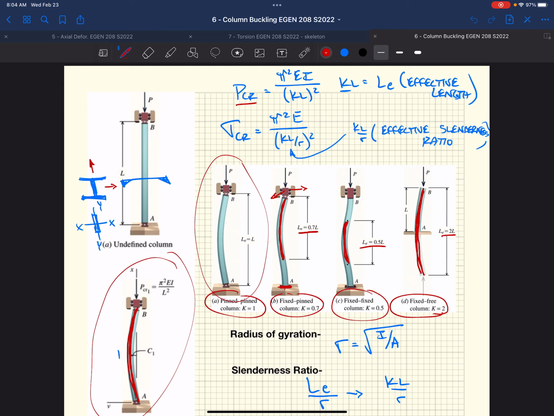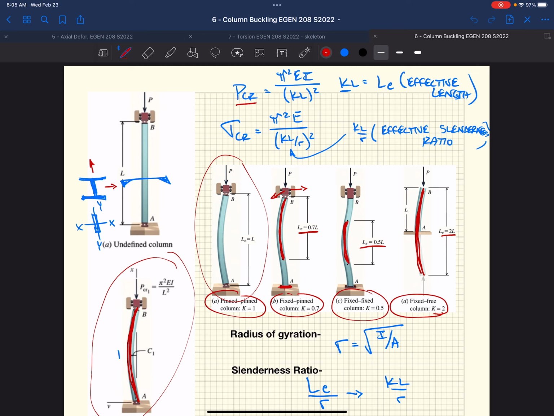The original Euler equation that was derived was for this pin-pin idealized case. But as we start adding fixity, maybe a fixed-pin or a fixed condition, we are essentially reducing the length of our column. That's where we get this K factor, this effective length factor, which starts to go down, reducing the effective length of our column based on having fixity.